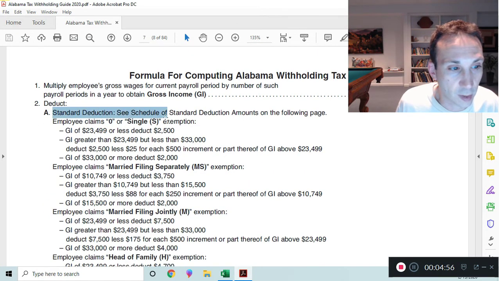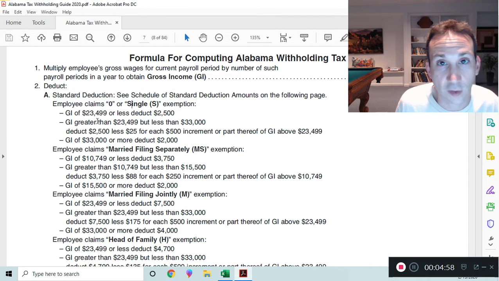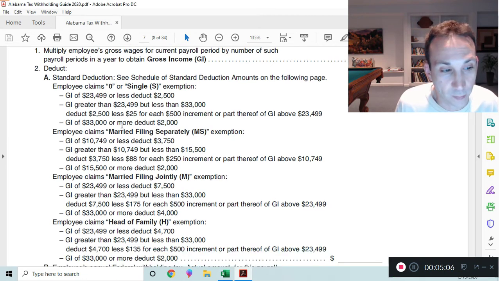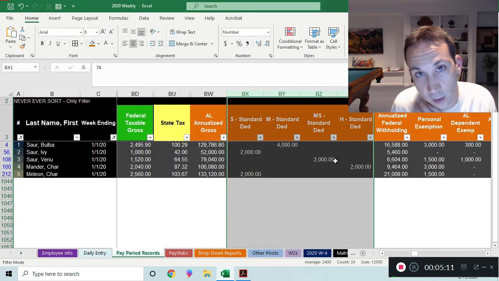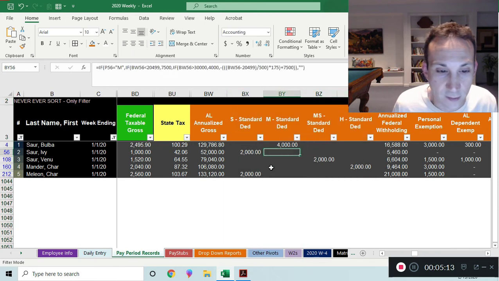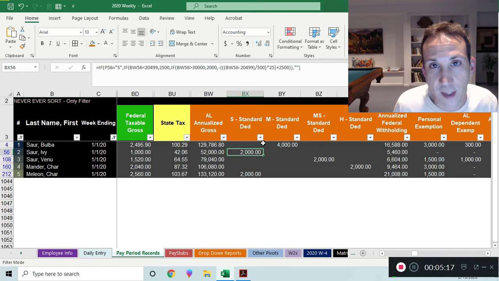So it's talking about what your filing status is and what your annualized income is. And it's going to give you a standard deduction amount or a way to formulate your standard deduction amount based on all those conditions. That's what these 4 columns are, different filing statuses. So these are kind of annoying, unique formulas that you would have to do if you were a payroll provider and needed to calculate tax.